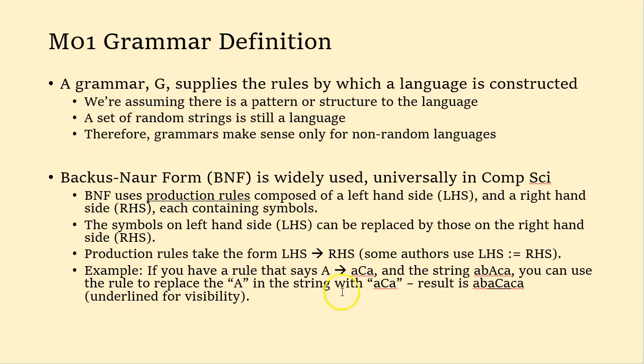So if I had the string lowercase a, b, capital A, lowercase c, a, since I have a capital A here, I can replace it with aCa. And the resultant string looks like that. The ab is the same and the ca is the same, and the only thing that's different is I took the capital A and I replaced it with aCa.